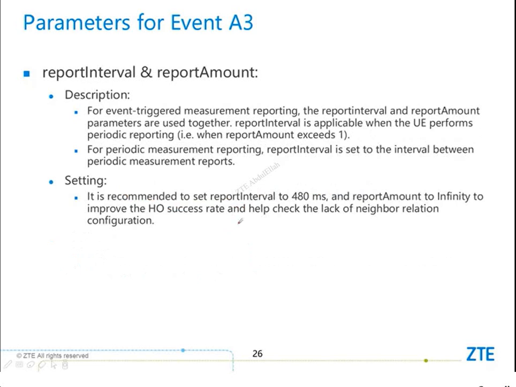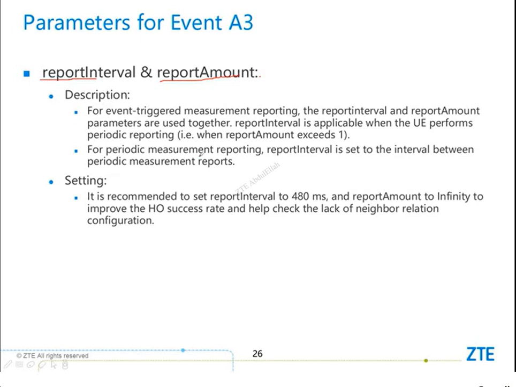And the next are the report interval and the report amount. If the UE finds that a neighbor cell satisfies all the conditions, the UE needs to report. How to report is based on these two parameters. The first is the report interval.